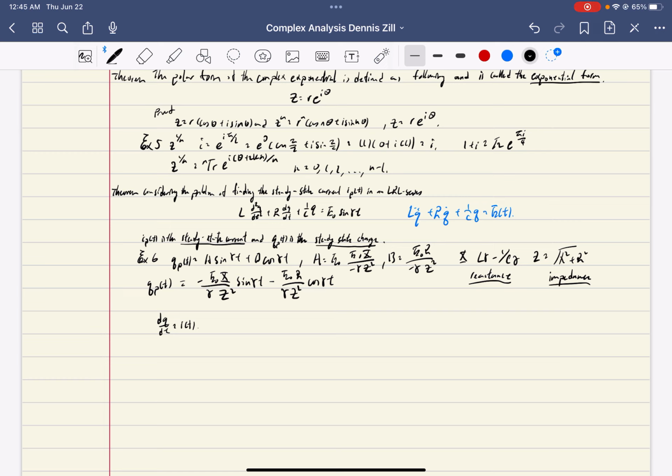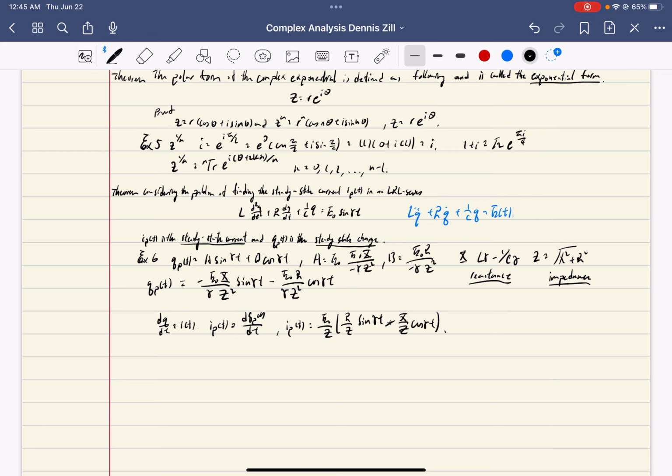Then if we take the derivative of the particular solution, dQ_p/dt, then your I_p, your steady current, is equal to, well, you take the derivative of this, then you get E naught over Z, and then you have R over Z sine gamma t minus X over Z cosine gamma t, right?